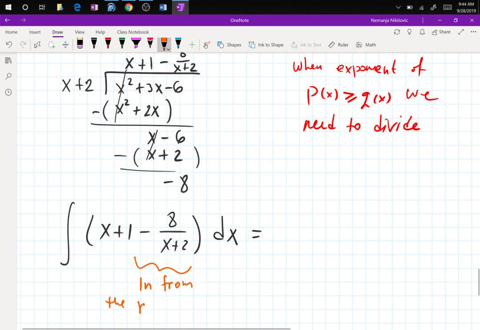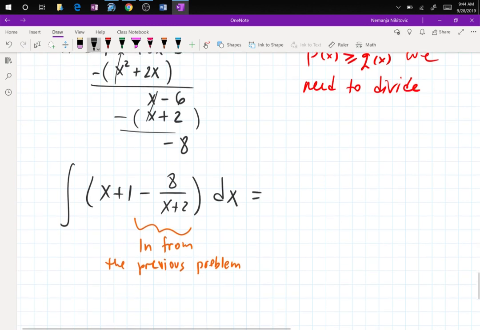From the previous problem, so we just write the answer. We immediately know what the answer is. What's the integral of x? Beautiful. What's the integral of 1? So plus x. And then minus 8 ln of x plus 2 in absolute values.